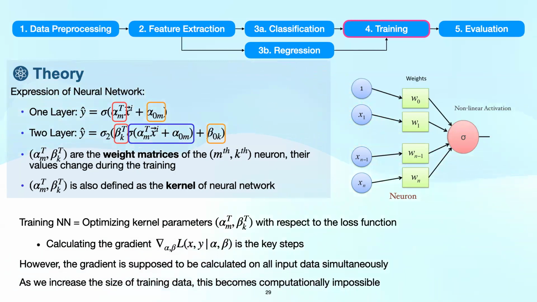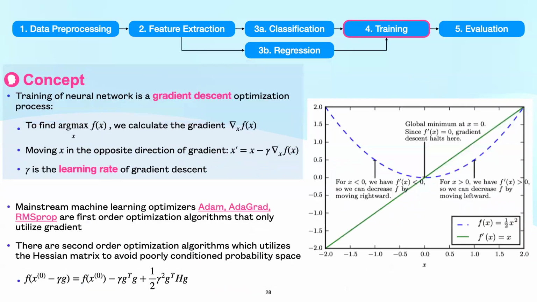Sometimes we also call this the kernel of the neural network. So the idea of training a neural network is to find the best set of these weights, or the kernel, that we multiply to either the input or the output of the previous layer, to best fulfill my classification and regression tasks. So this is pretty much the problem of gradient descent, right?